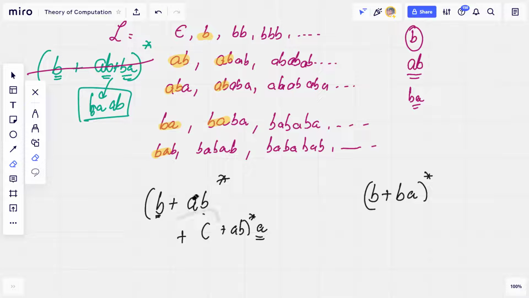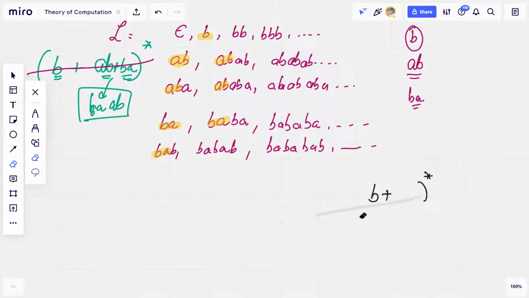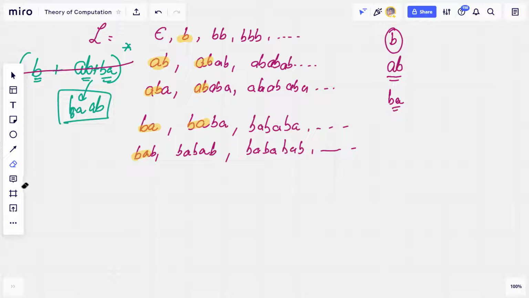I don't know if we are getting this or not. Let me explain it in some other way. These are all the strings we want to represent. I can classify the strings like this: starts with and ends with.